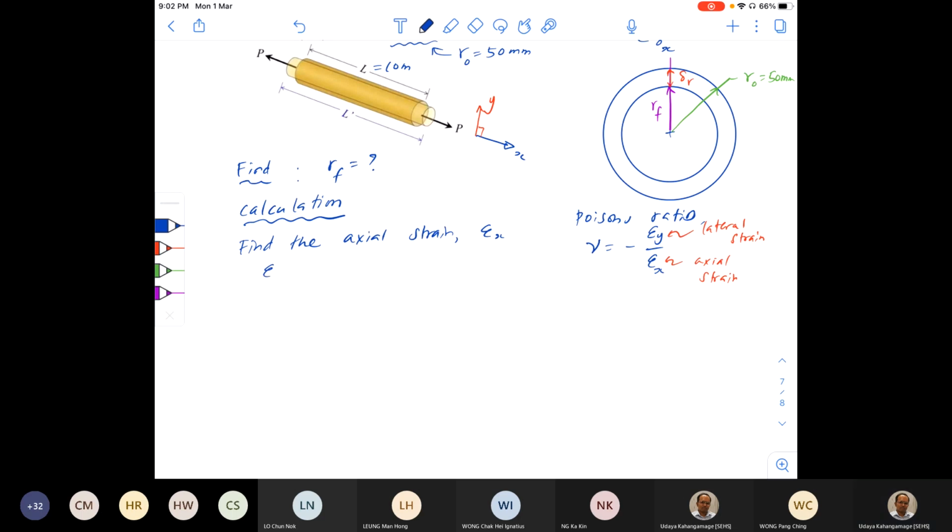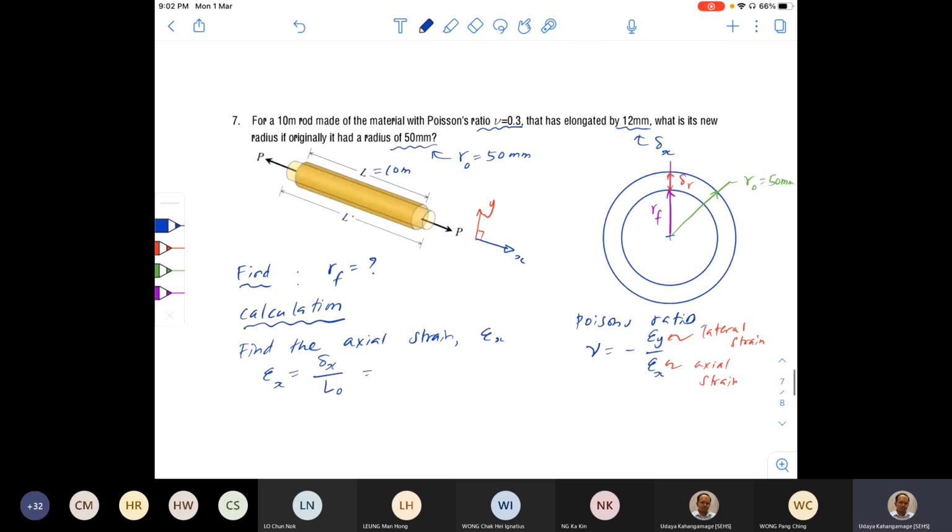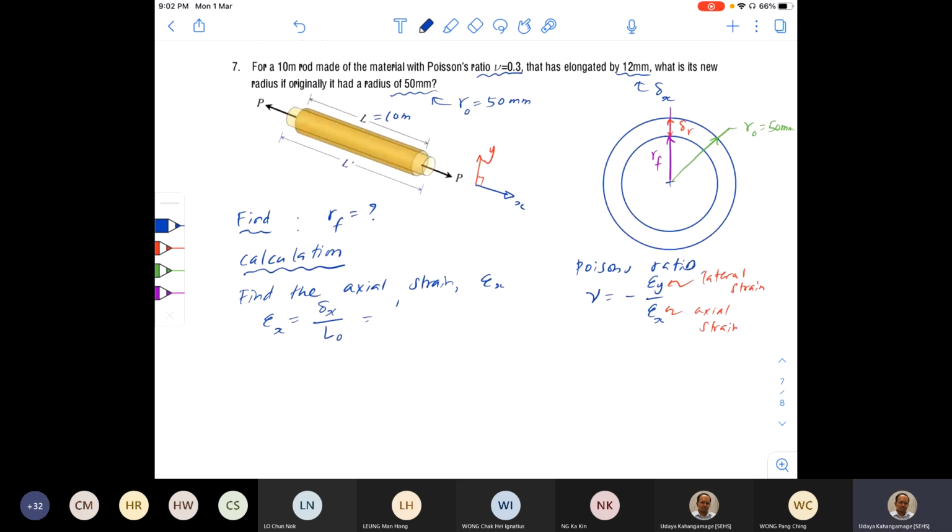Epsilon x is equal to the elongation in that direction divided by the original length L O. Your delta x is given as 12 millimeters, into 10 to the power minus 3 to convert it to meters, because length is given as 10 meters. So we can find the strain now, 1.2 into 10 to the power minus 3. So this is the answer I got.